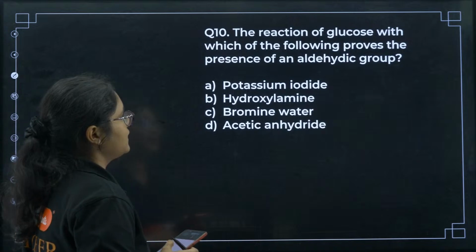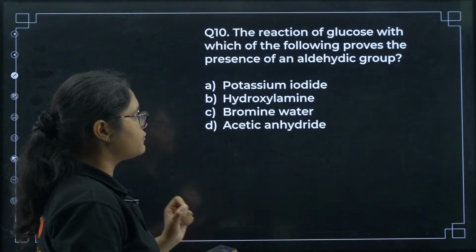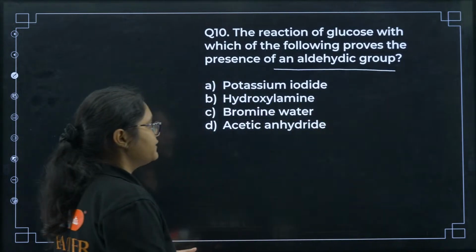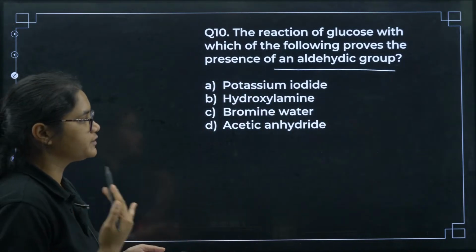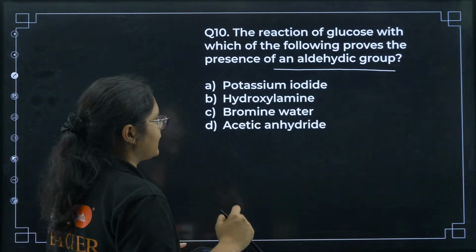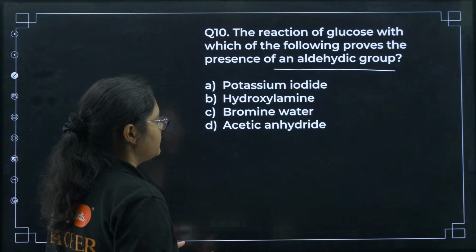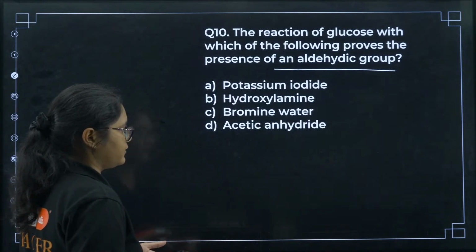Next, question number 10. The reaction of glucose with which of the following proves the presence of an aldehydic group? So, the reaction of glucose with what will tell you that it has an aldehyde group? Potassium iodide, hydroxylamine, bromine water or acetic anhydride?